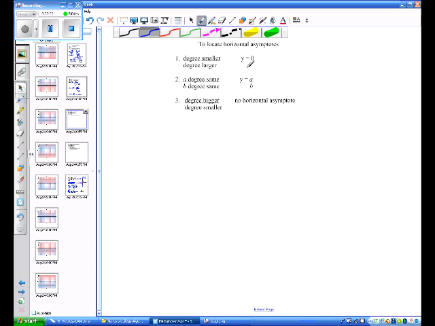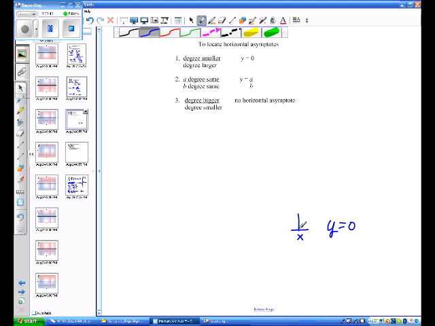We looked at one a while ago, the reciprocal function, 1 over x. Here, the degree of my numerator is 0, the degree of my denominator is 1. And so I did have a horizontal asymptote at y equals 0. The idea behind that is if the degree of your denominator is bigger, then it's going to get bigger at a much faster rate than your numerator, no matter what.